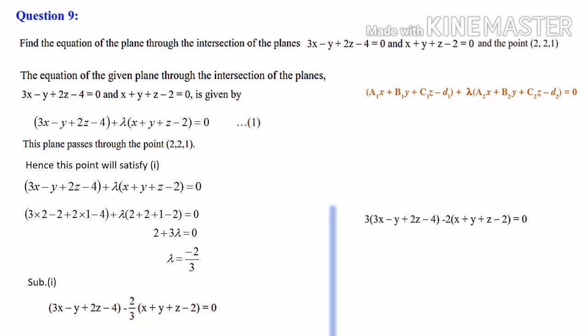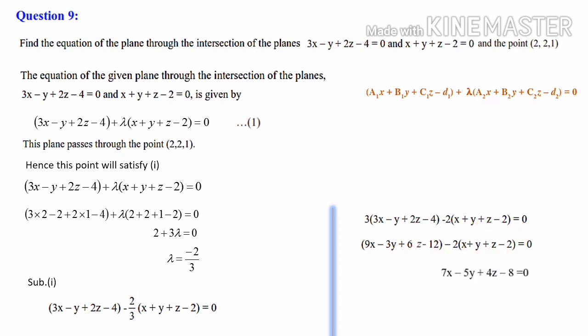That is, 3 into 3x minus y plus 2z minus 4, minus 2 into x plus y plus z minus 2 is equal to 0, since the common denominator 3 multiplied with 0 gives 0. That is 3 into 3x is 9x, 3 into y is 3y, 3 into 2z is 6z, 3 into 4 is 12, minus 2 into x plus y plus z minus 2 equal to 0.